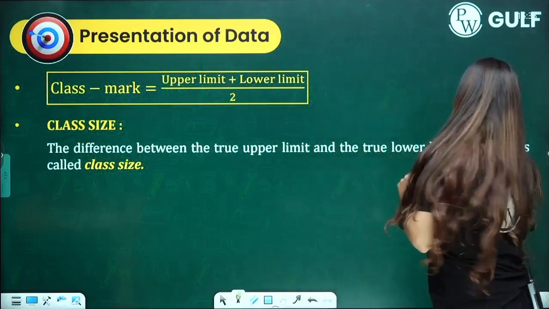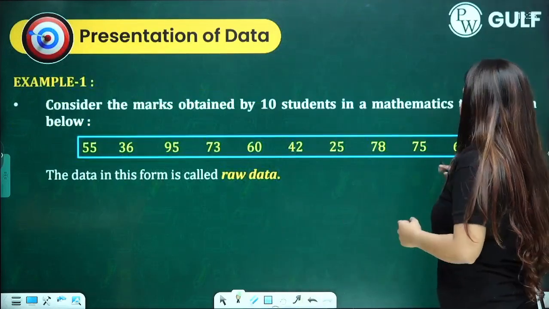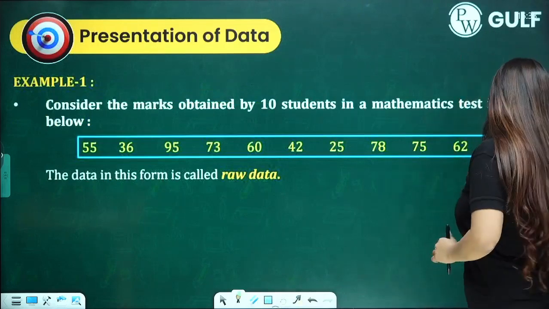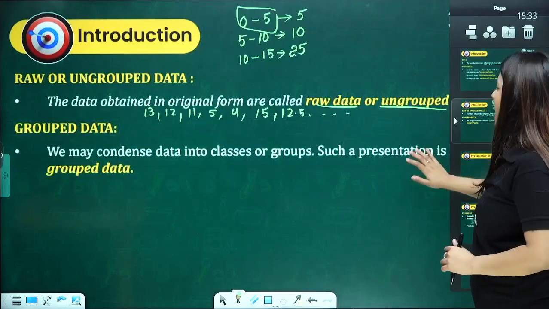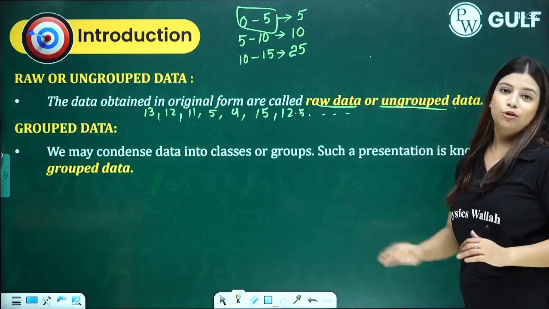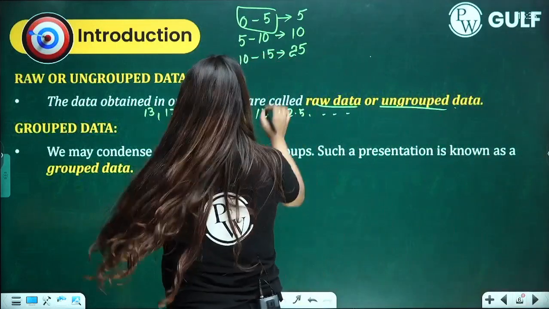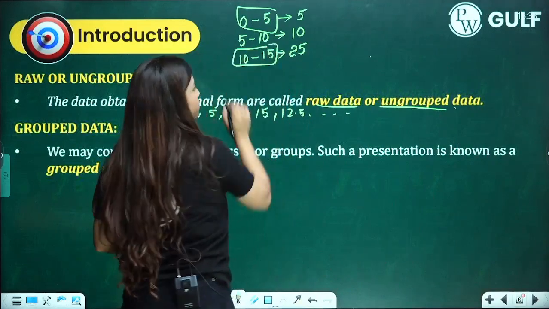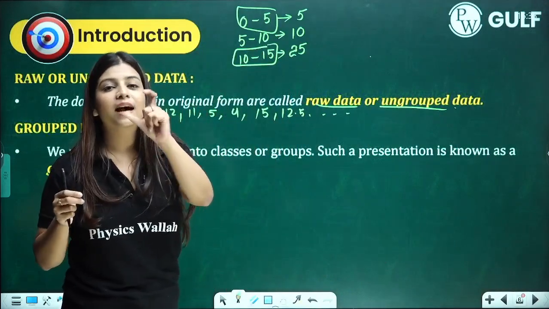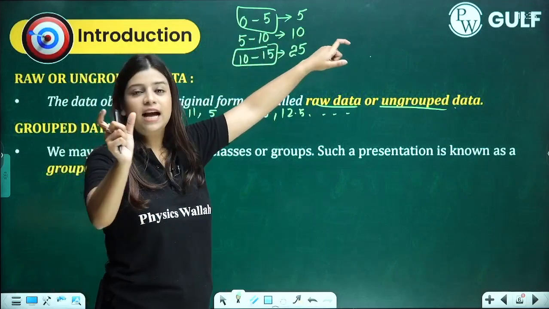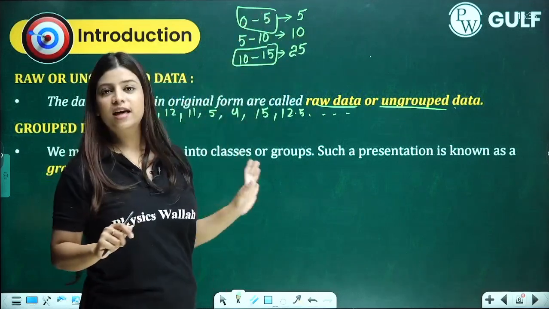For example, if I have arranged this data as 0 to 5, 5 to 10, 10 to 15, what is the class mark? See, this is what is known as a class interval: 10 to 15 is one class interval, 5 to 10 is a class interval, 0 to 5 is a class interval.